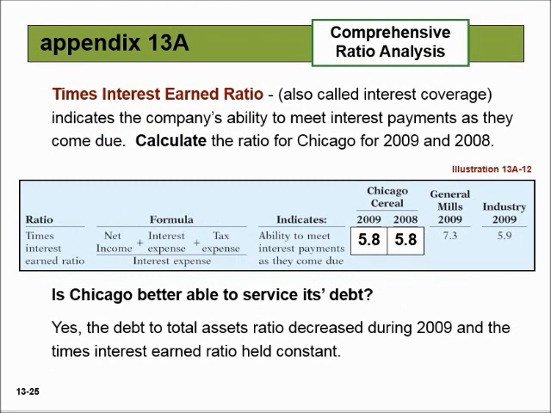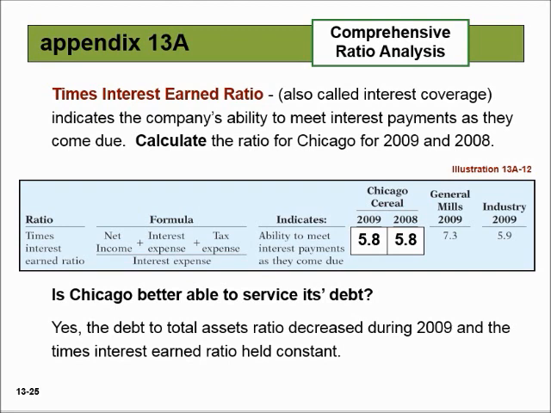The times interest earned ratio, also called interest coverage ratio, tells us, do we have the ability to make our interest payments on our loans, our debts, as they come due. And so if we take a look at it, for the times interest earned, we're going to take our net income plus what we pay out in interest plus our taxes, and we're going to divide it by our interest.